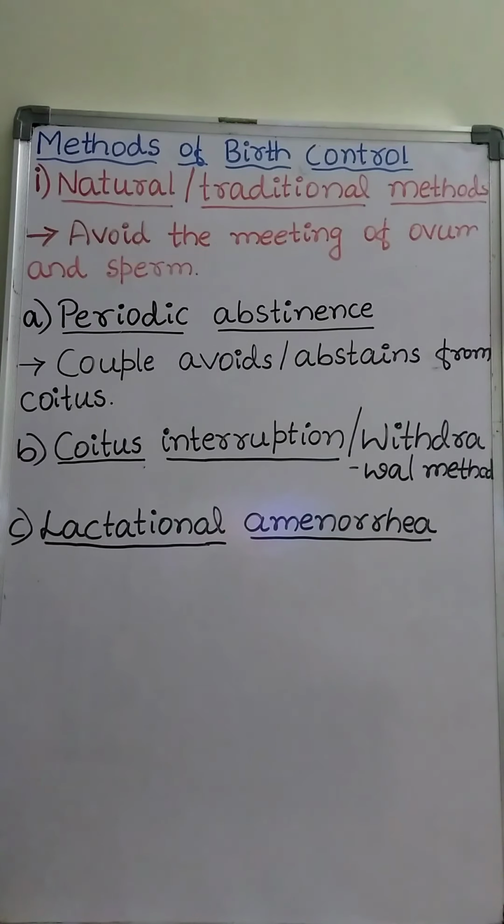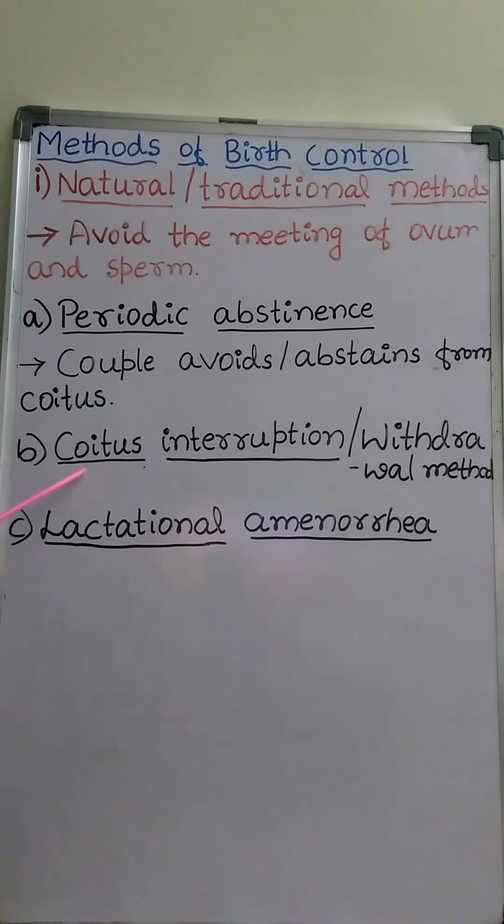As the chances of fusion of egg and sperm are very high during this period, it is called the fertile period. Therefore, avoiding sexual contact during the 10th to 17th day of the menstrual cycle prevents conception and avoids pregnancy.